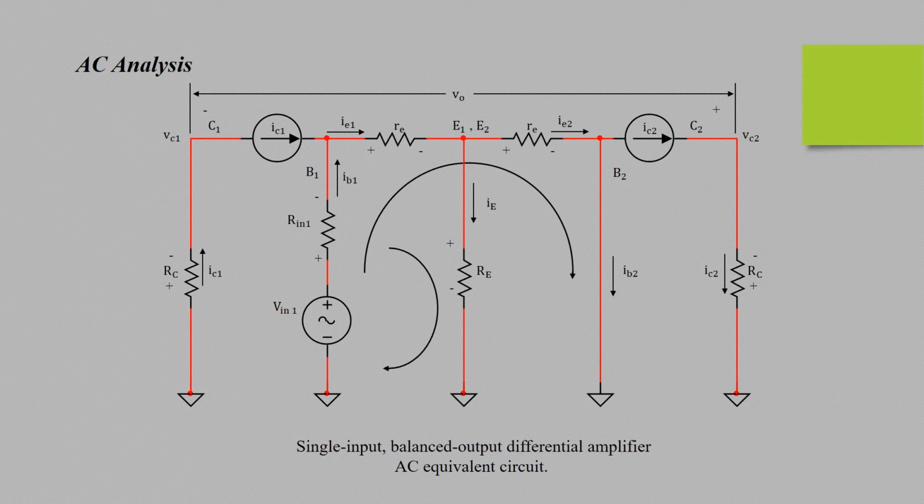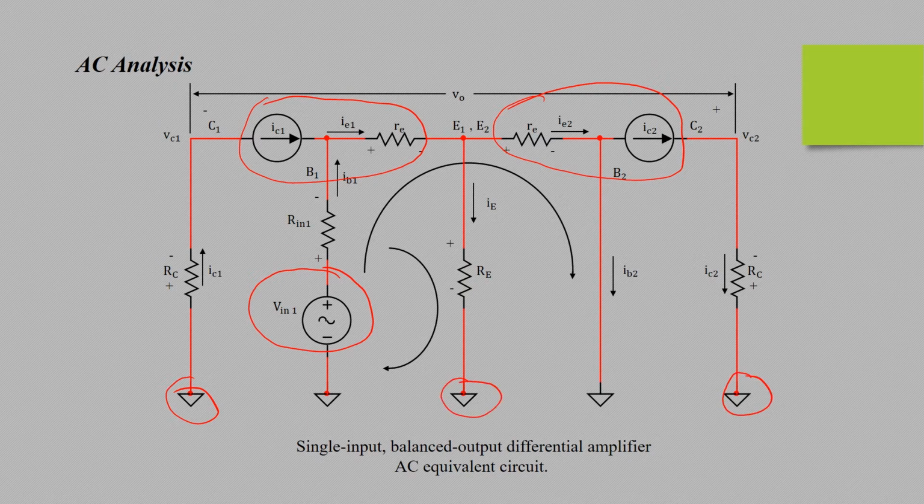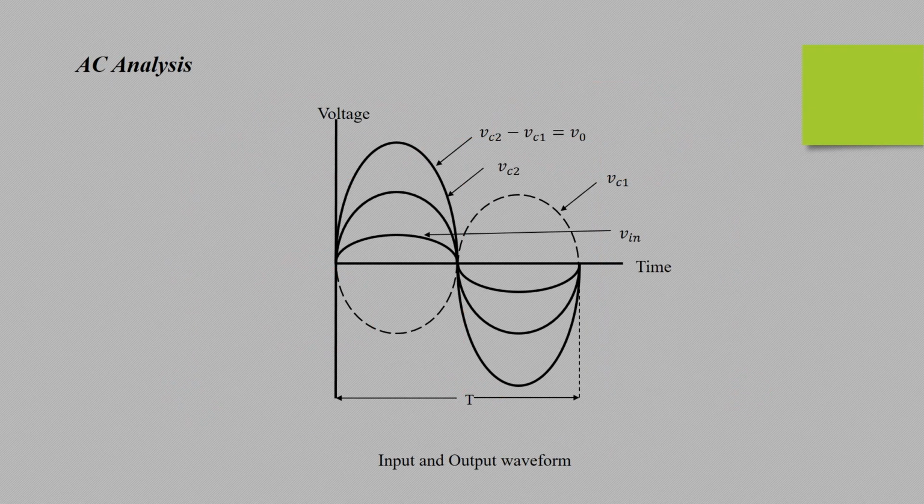So this is the AC equivalent circuit. The transistors are replaced by small signal T equivalent models, and now we have only one input source, VCC and minus VEE are connected to ground. Here we can see the input output relationship of the single input balanced output amplifier. This is the sinusoidal input Vin.